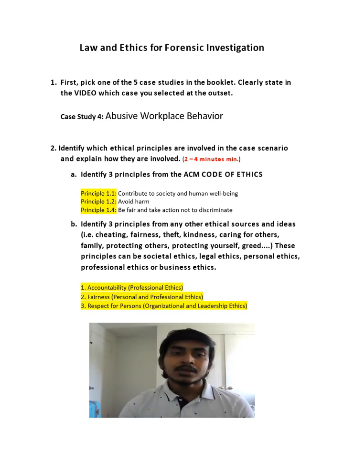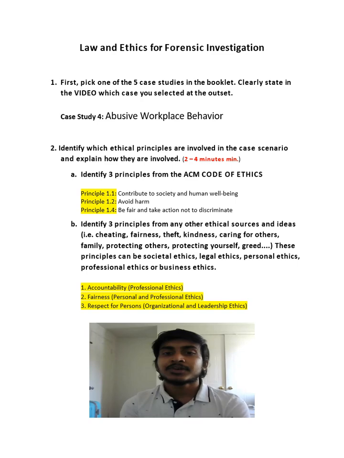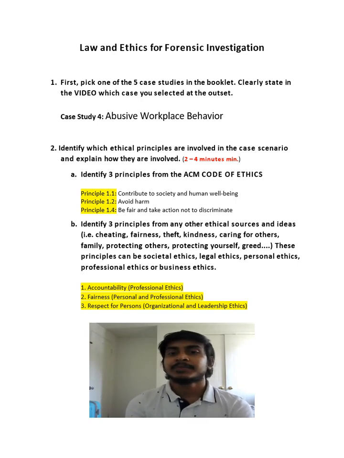The third principle that I would like to add is respect for persons, which comes under organizational and leadership ethics. Respect for persons means treating individuals with dignity and empathy, and ethical leaders create environments where everyone feels equal and valued.